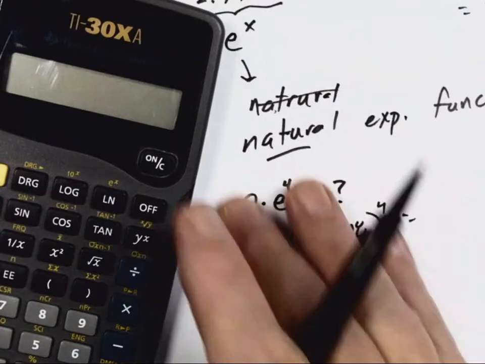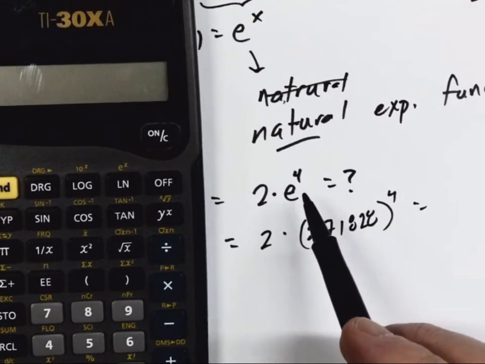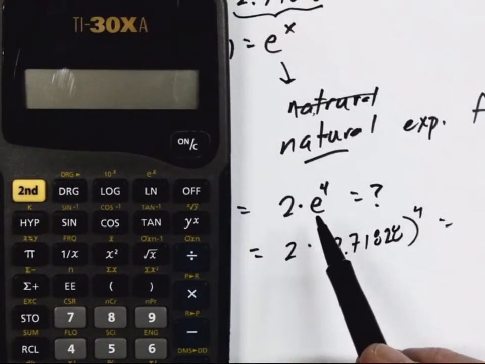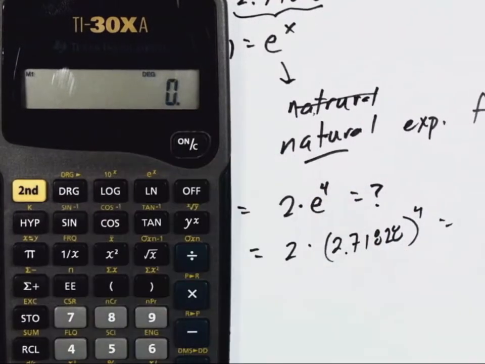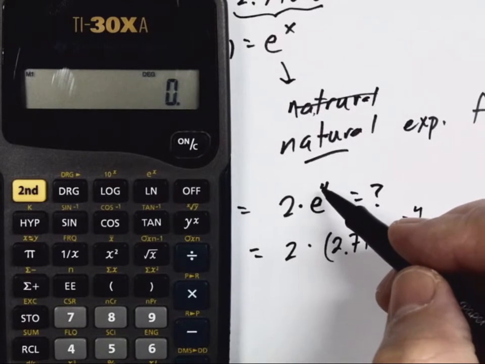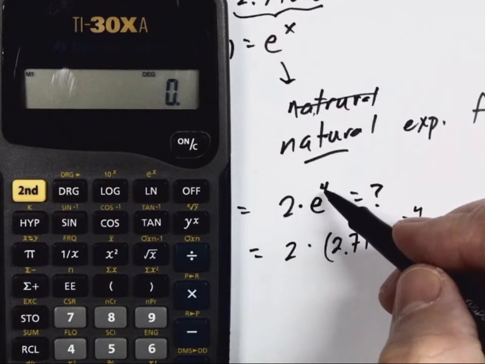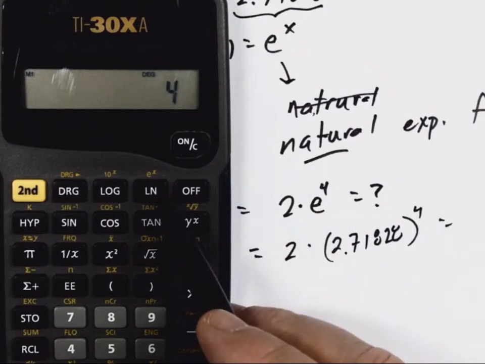So really, if I was asked to do this problem right here, what is 2 times e to the 4th? What I do is turn on my calculator. The way we do this is we enter the exponent 4, and then execute the e to the x key.